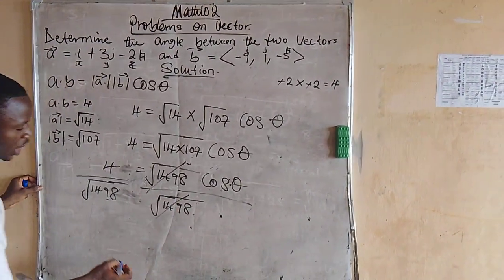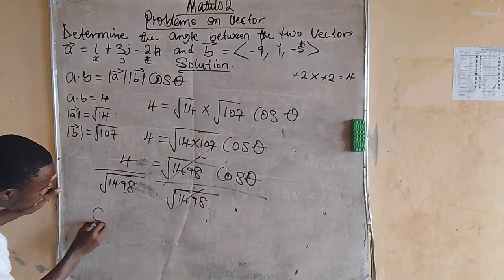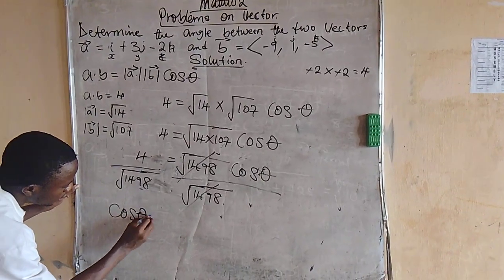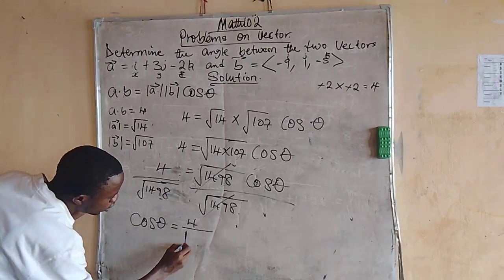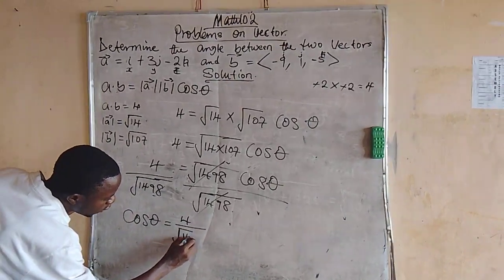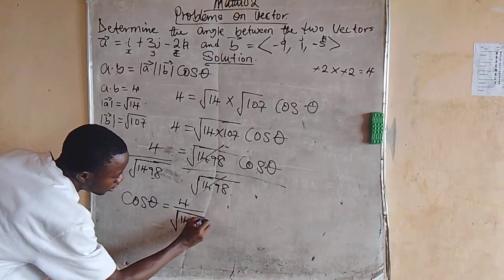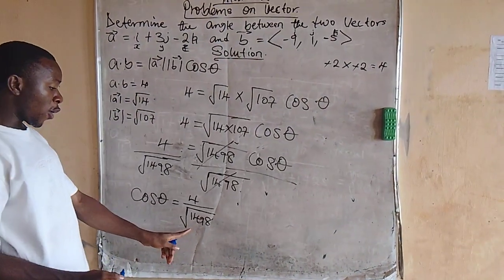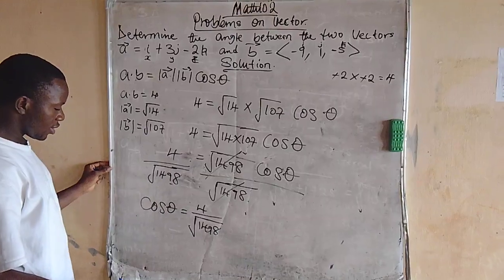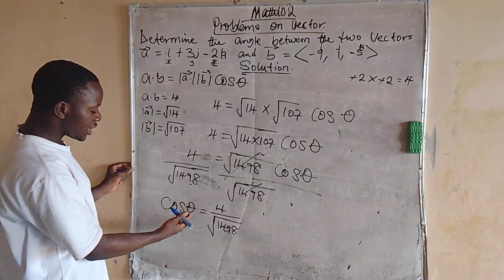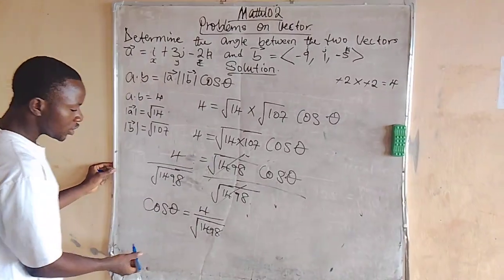So at the end of the day we can now say that cos theta is equal to 4 all over root 1498. To make theta stand alone, I'm going to transpose cos theta to the other side.